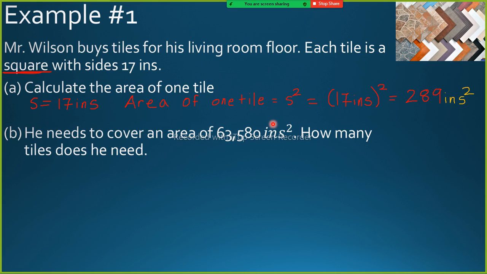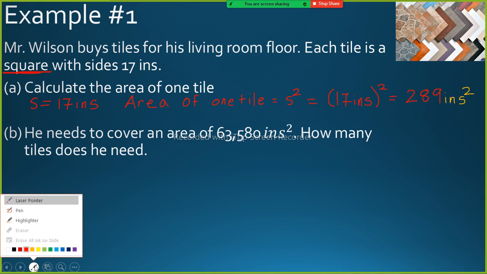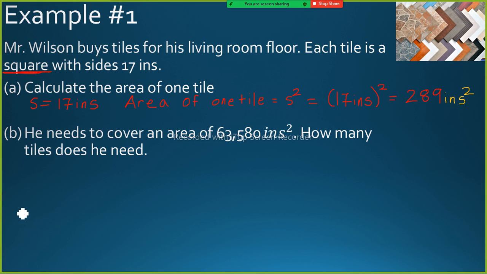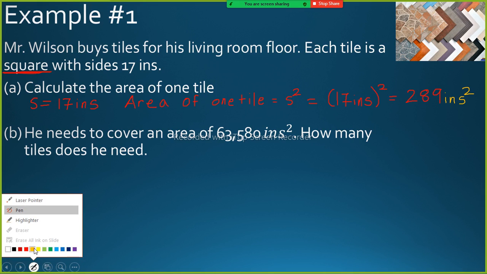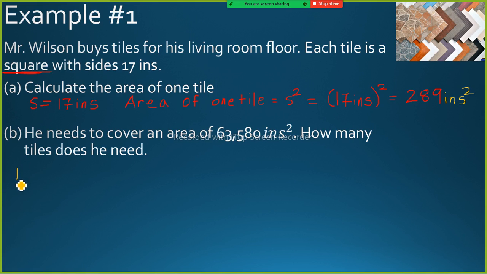So the question is, how many tiles does he need? How are we going to figure that out? Anyone have any suggestions? Tiles needed. Will we divide? Yes, ma'am, you would divide.